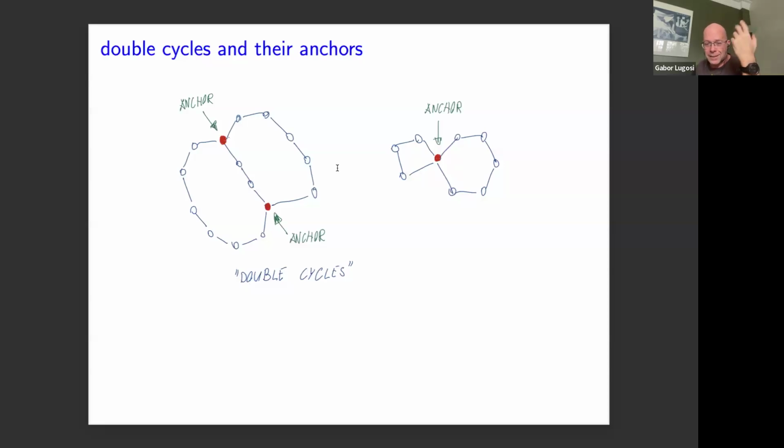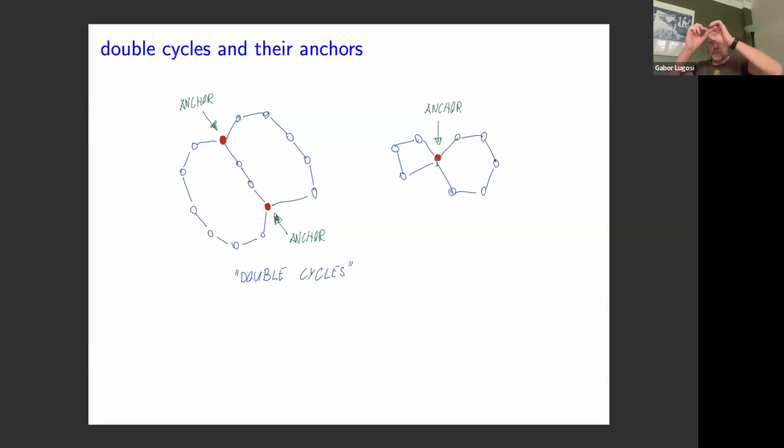So we were trying a lot of things, and what ended up working was what we call anchored double cycles. A double cycle is just three disjoint paths between two vertices. Here are 1, 2, 3 of them. We call the size of these double cycles the sum of the lengths of these two cycles.